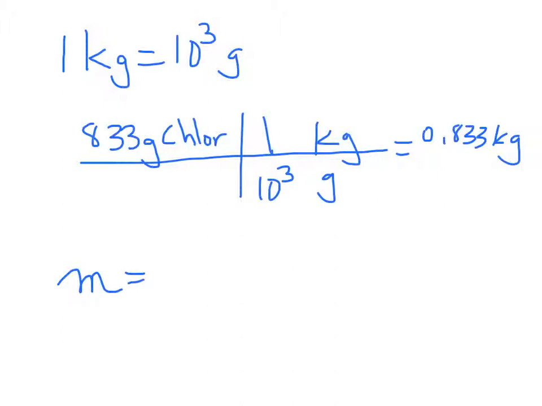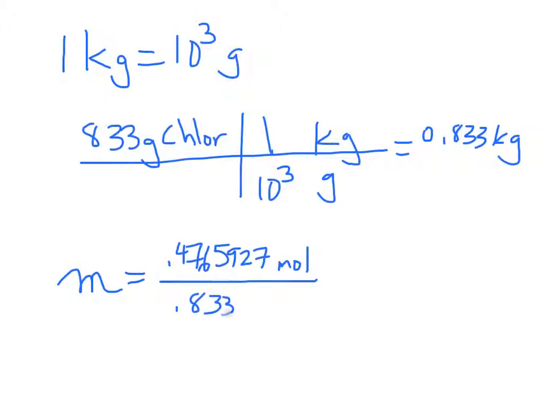So my molality then is going to be 0.4765927 moles divided by 0.833 kilograms. And so I have 0.57214 with a bunch of other stuff after it, and that's my molality.